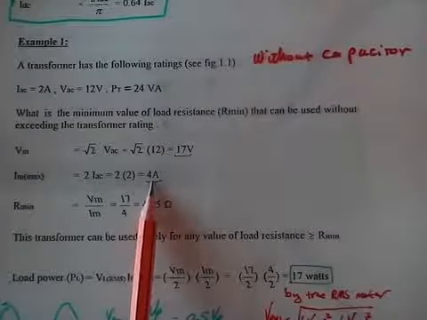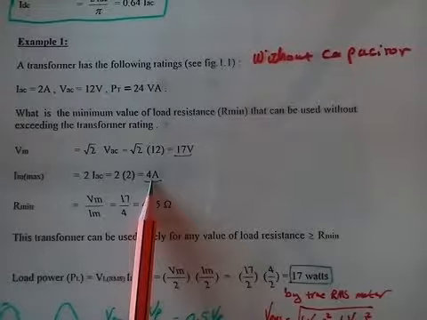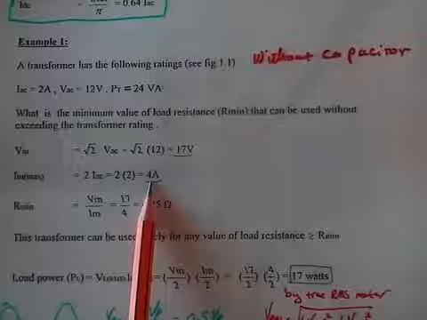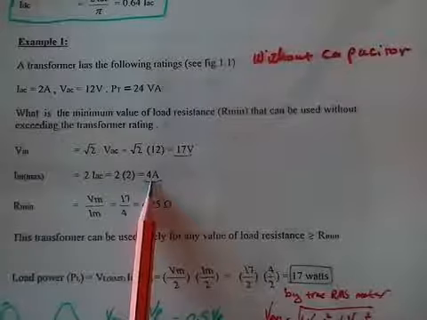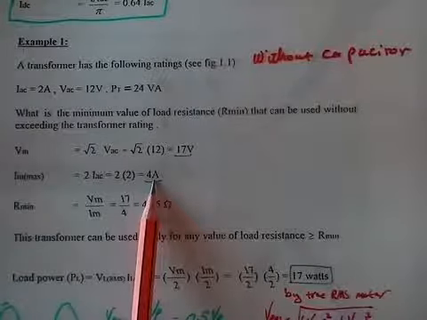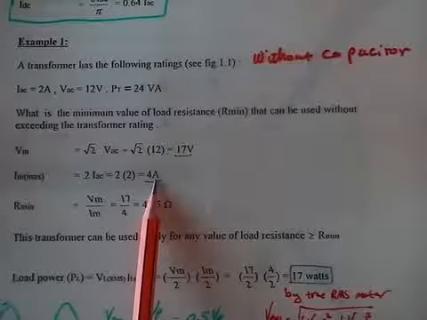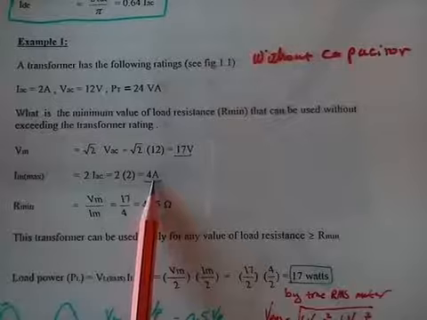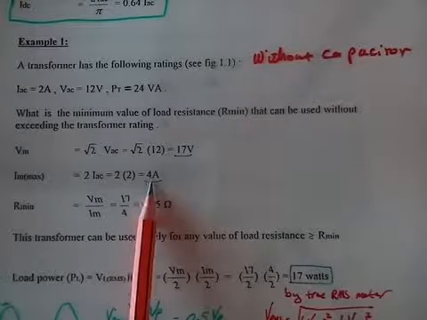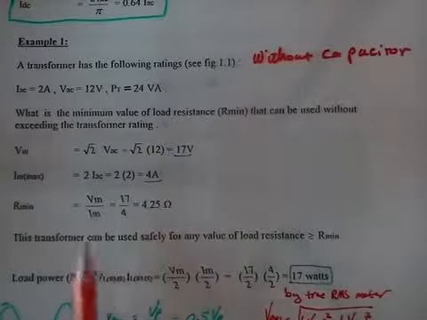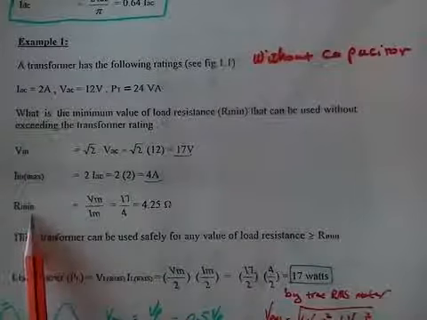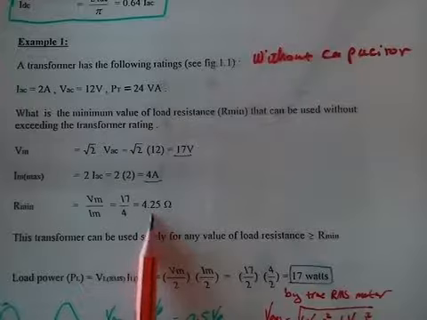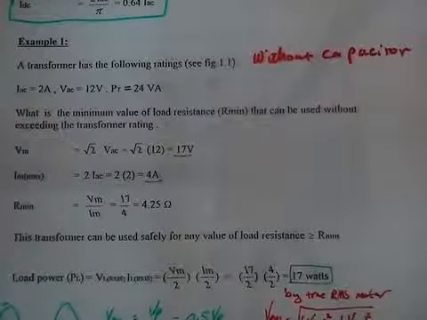Note that you are allowed to make the maximum peak equal to twice the rated current of the transformer. Why? Because you are not exceeding the specs. That's still within the specs. R minimum would be equal to 17 over 4, which equals 4.25 ohms.